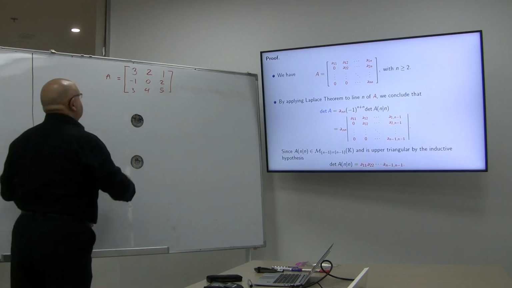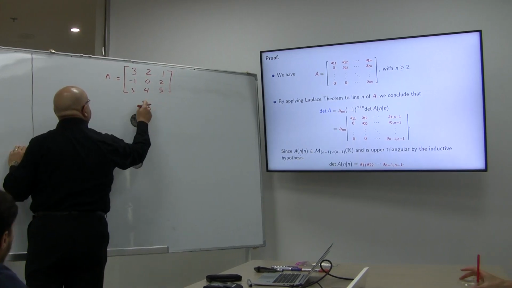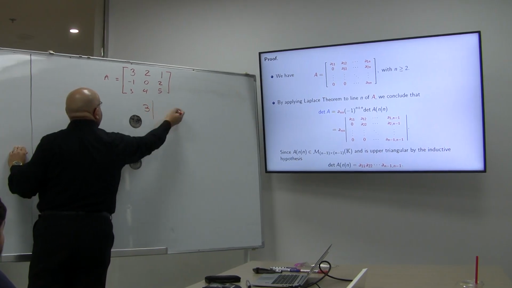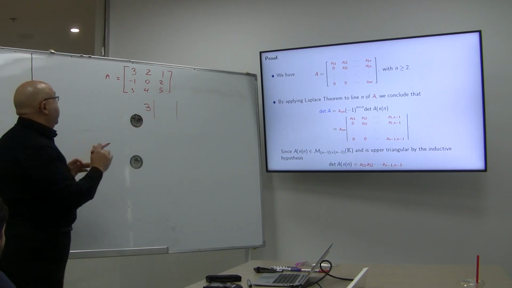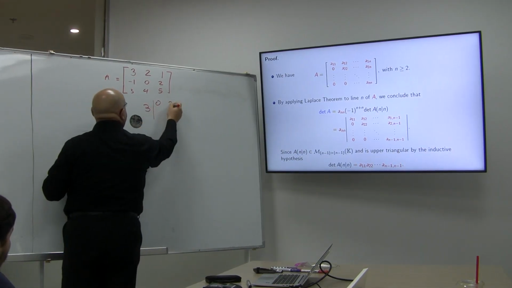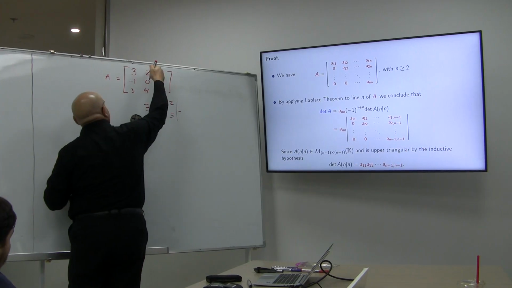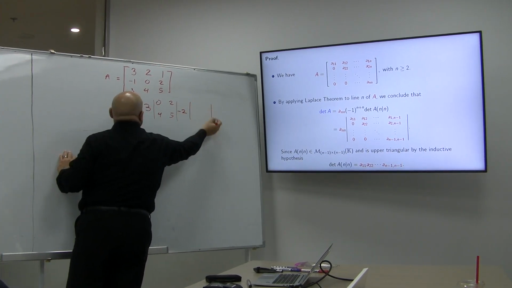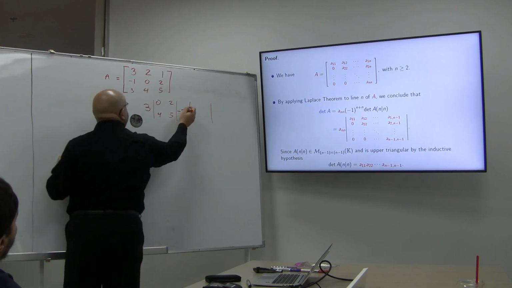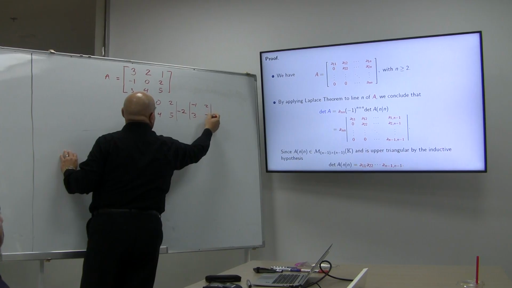So I will start by taking the first element, which is 3. The sign is positive. I will eliminate its row and column, so I will have a smaller matrix, which is 0, 2, 4, and 5. Then I will put the negative sign for the second element, which is 2. Eliminating the row and column, the remaining numbers are negative 1, 3, 2, and 5.